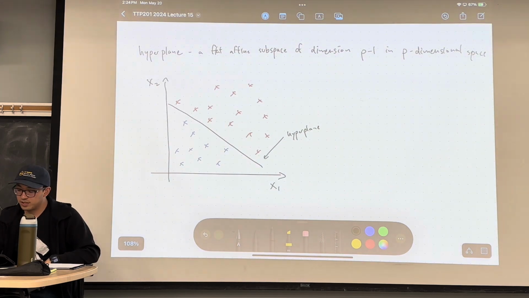This could be described as beta 1 x1 plus beta 2 x2 equals 0 in 2 dimensions.